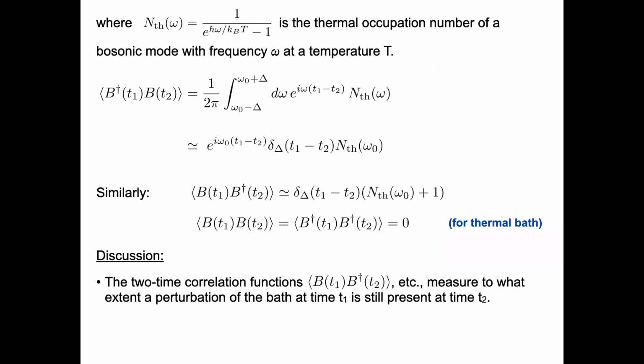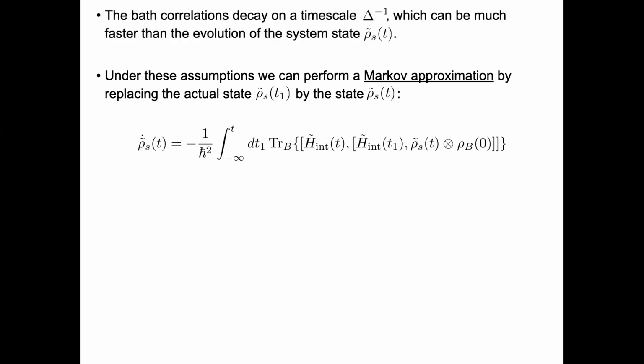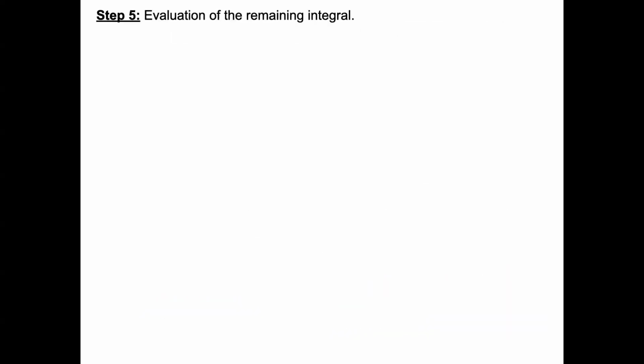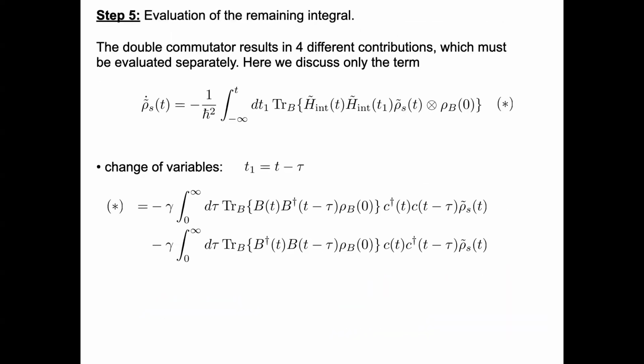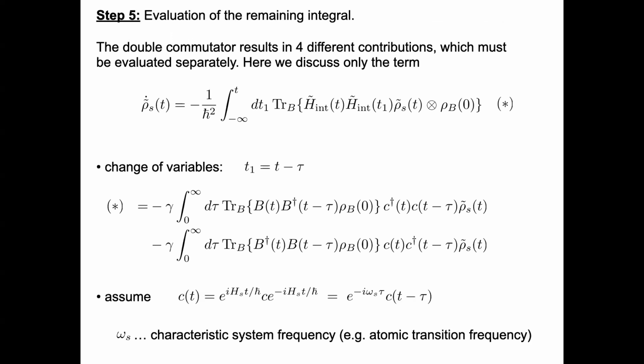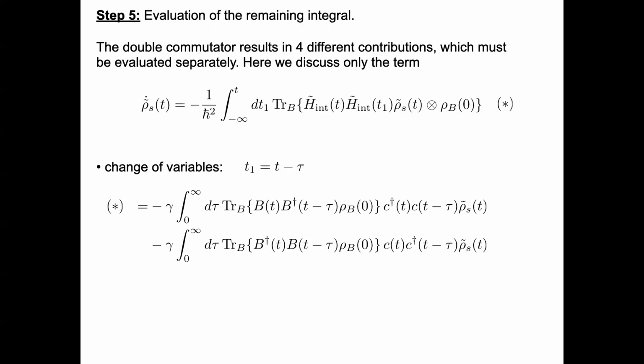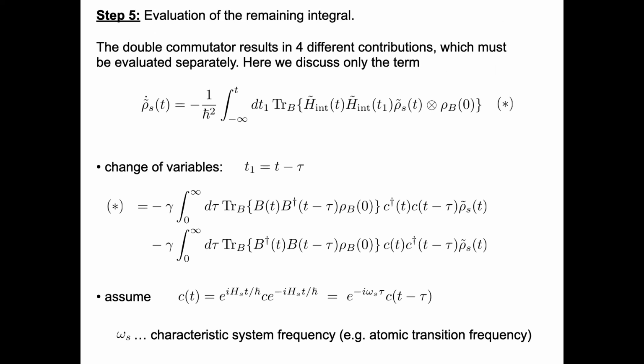And at the same time, my system operators in this interaction picture also oscillate at a fast frequency. This is the omega EG, the atomic transition frequency. This other omega 0 that I had before is the typical frequency in the photonic bath.